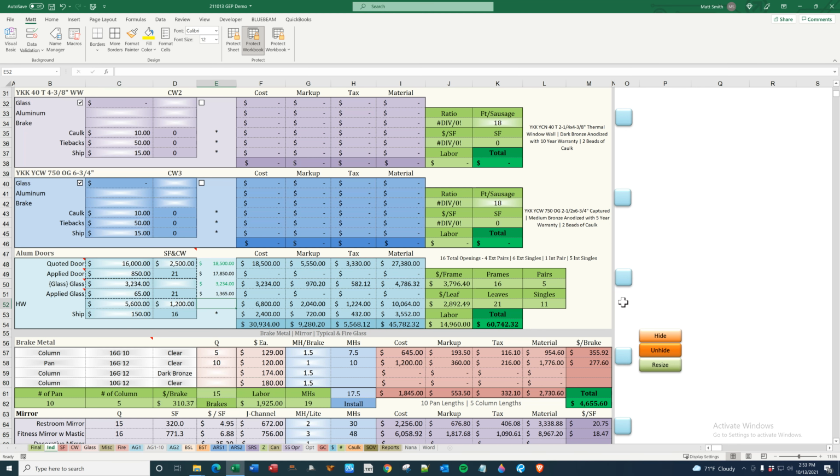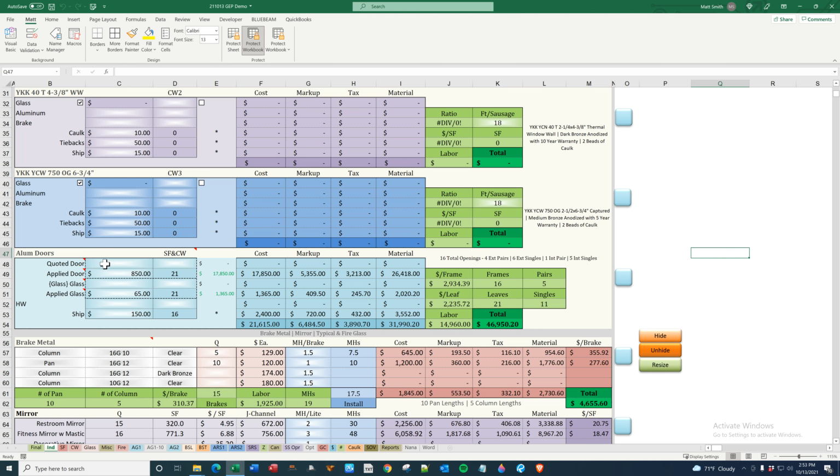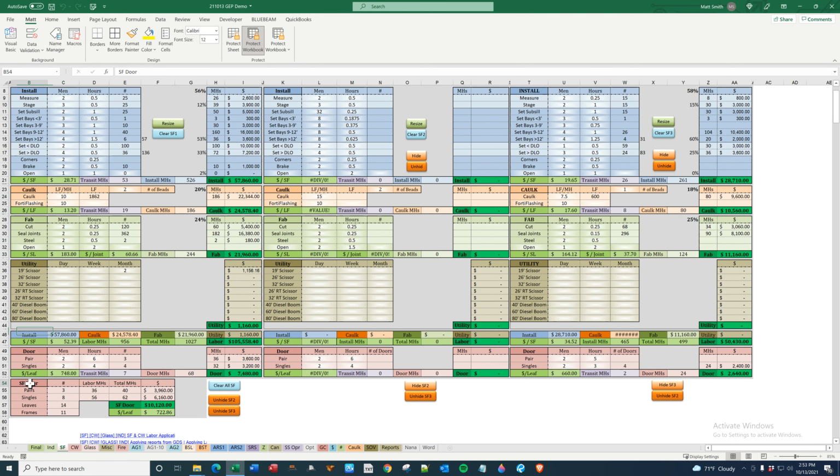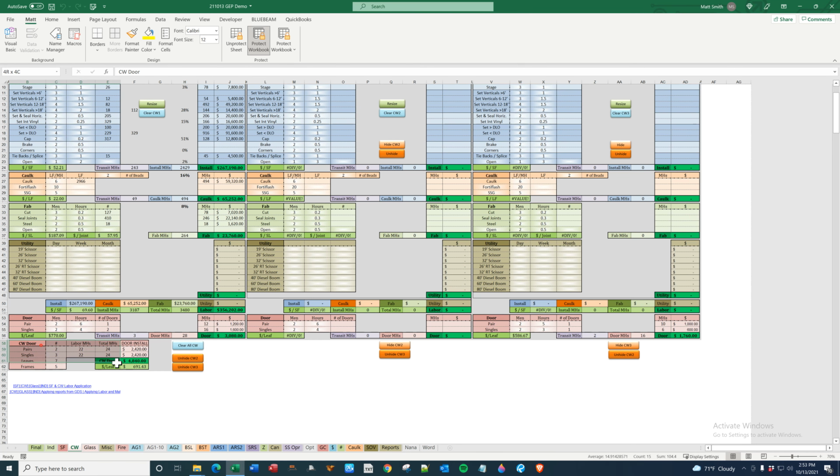The idea here is that if nothing is in the quoted door, you can apply a price per leaf, 21 being the total number of leaves. That is taking the values from storefront and curtain wall and combining them here. Price per frame, price per leaf, labor price is all taken from this down here, plus this down here.